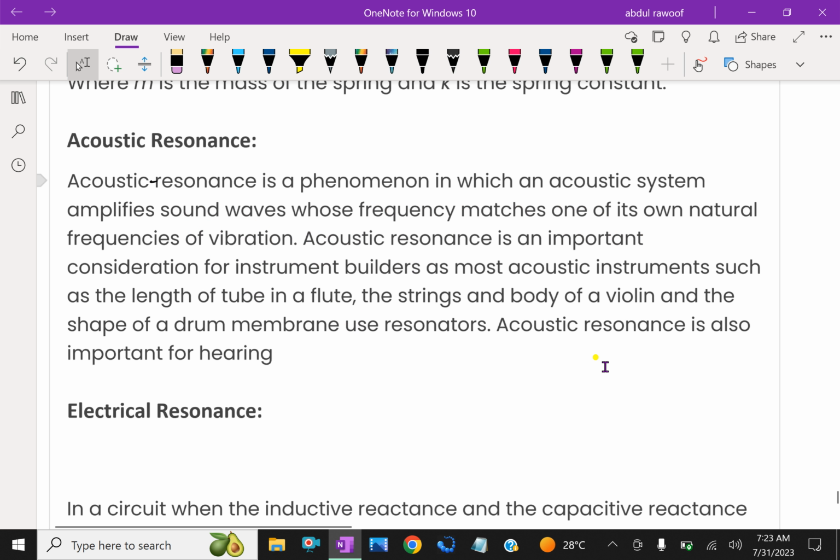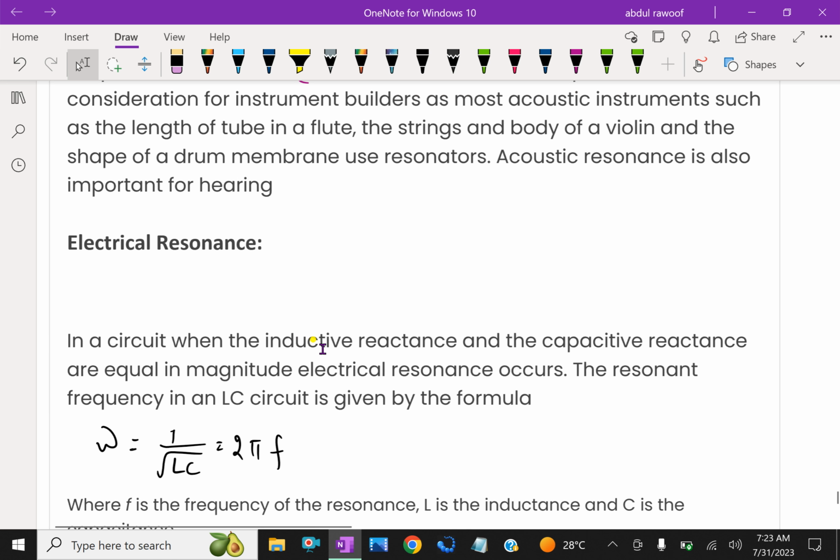Acoustic resonance is an important consideration for instrument builders, as most acoustic instruments, such as the length of tube in a flute, the string and body of the violin, and the shape of the drum membrane, use resonators. Acoustic resonance is also important for hearing. The ear must be in the correct position and the frequencies correct, and then you can hear easily. Otherwise, it's harder to hear.